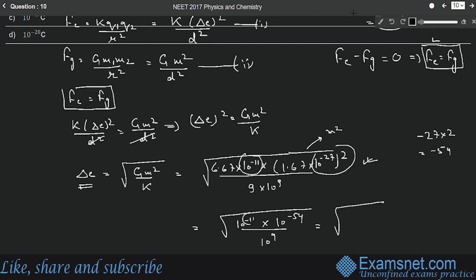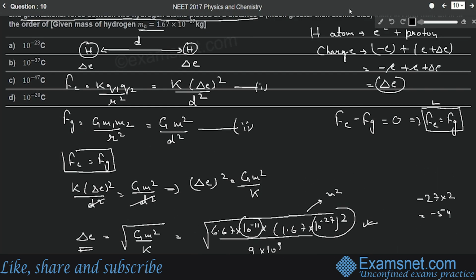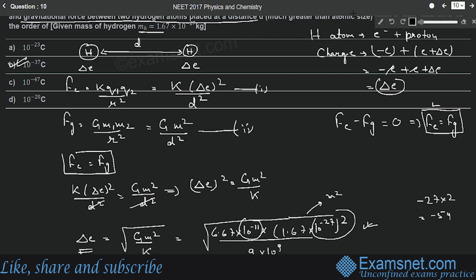Now 10 to the power minus 11 times 10 to the power minus 54 will be 10 to the power minus 65, and then here we have 9, so minus 9. What do we get? We get the square root of 10 to the power minus 74. If we have to find the root, we just take half of 74. So it will be 10 to the power minus 37. This will be the order of delta e. That means option B will be the correct answer: 10 to the power minus 37 coulomb.